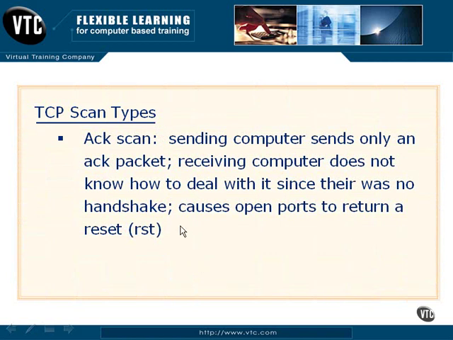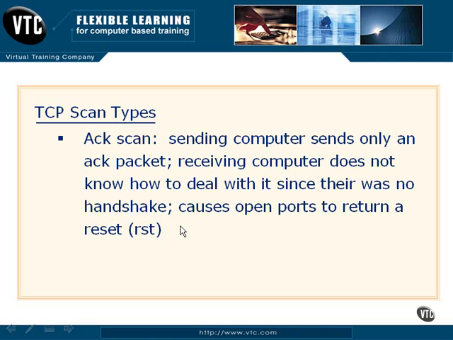Now, the last scan that we're going to go into detail about before we move into UDP and ICMP is going to be the ACK scan. And basically, the ACK scan is unique in that it is trying to evade intrusion detection and intrusion protection systems, specifically firewall rule sets. What it basically does is try to map out what rule sets are available from the firewall.